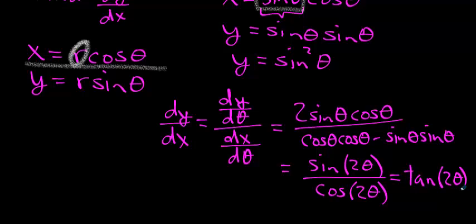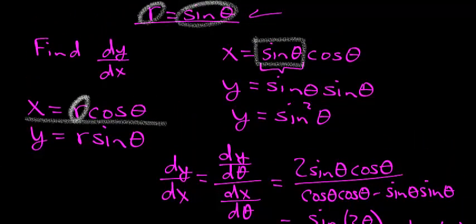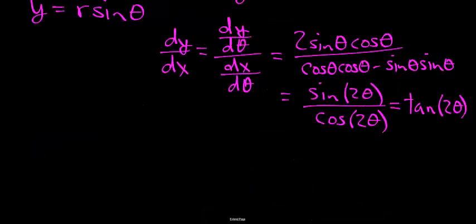So look, remember what our objective was here: it was to find dy/dx, right? I was not trying to find dr/d theta. So there's a difference. Now, let's look at another one. Let's suppose I have r equals 1 plus cosine 2 theta. If that's what r is, and we want to find dy/dx, how would we do that?